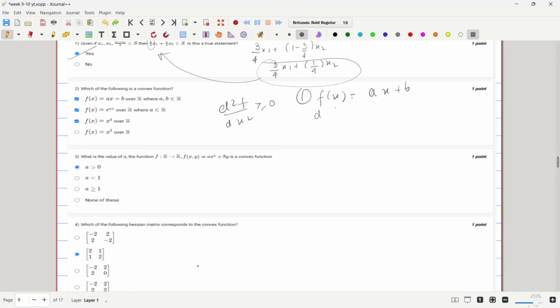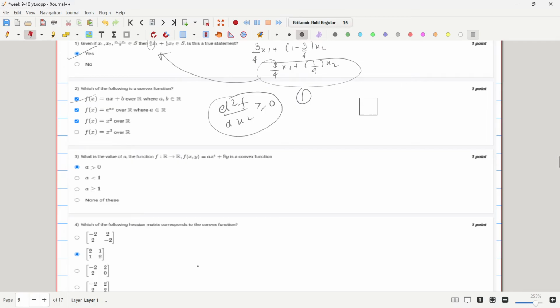What is df upon dx? It is nothing but a. And d square f divided by dx square is 0. The condition is that d square f by dx square should be greater than or equal to 0, either greater than 0 or equal to 0. As it is satisfying the condition, this is a convex function.